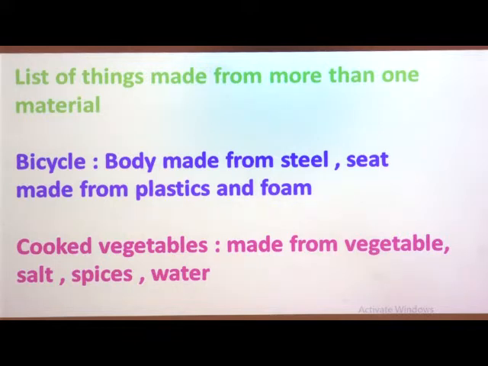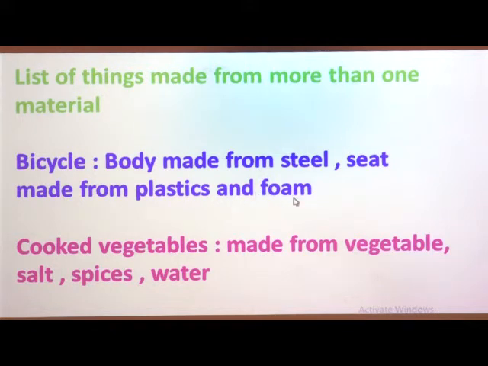For example, for preparing a new bicycle, what things are used to make it? The body is made of steel, and the seat covers are made from plastic and foam.